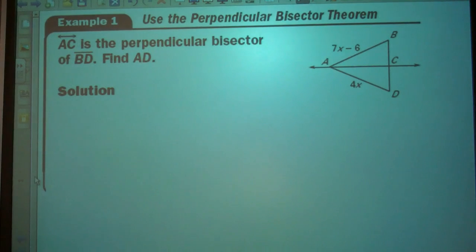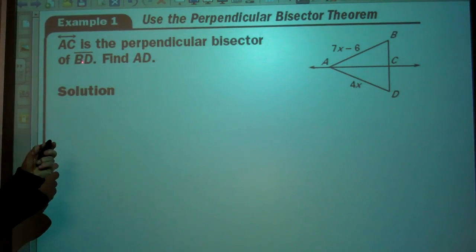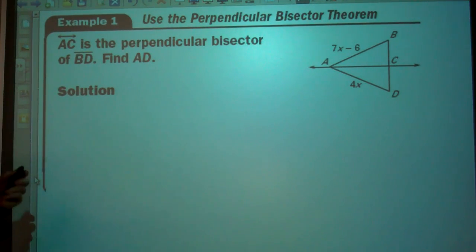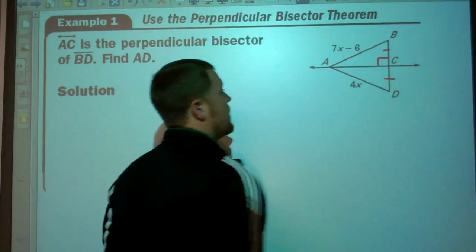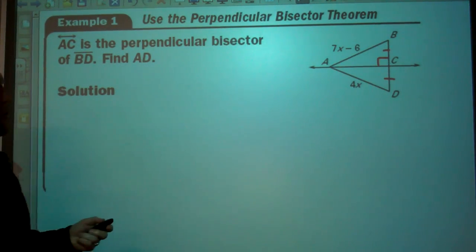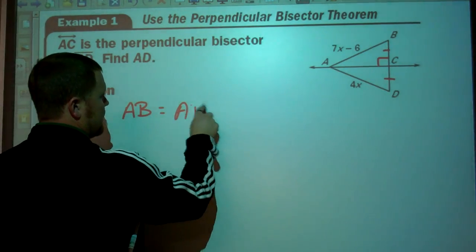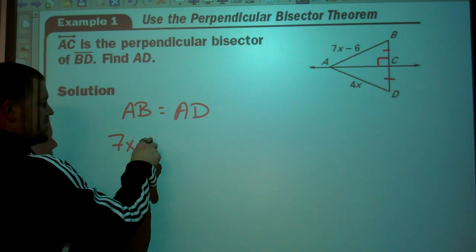Alright, here we go. Line AC is the perpendicular bisector of segment BD. From that sentence, what do we know? We know that it's perpendicular. We know it bisects. Point A is on the perpendicular bisector, so therefore length AB equals length AD. The length of AB is 7x minus 6.